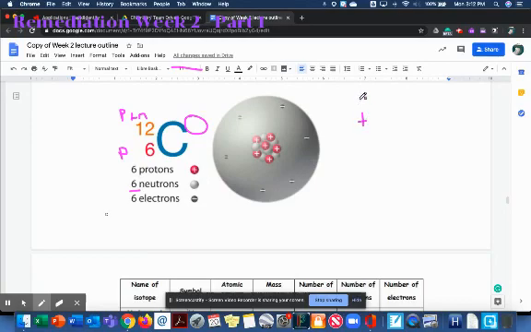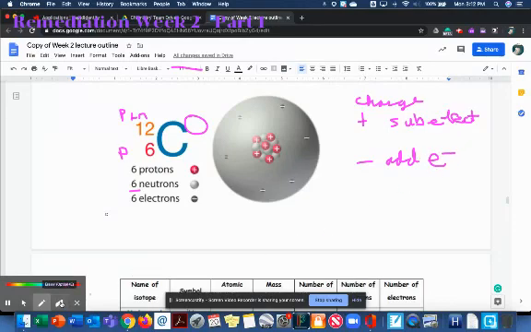So if the charge is positive, we have to subtract electrons. Okay. If the charge is negative, we have to add electrons, to get the right number of electrons given the charge.